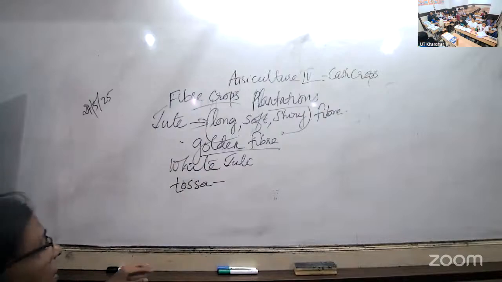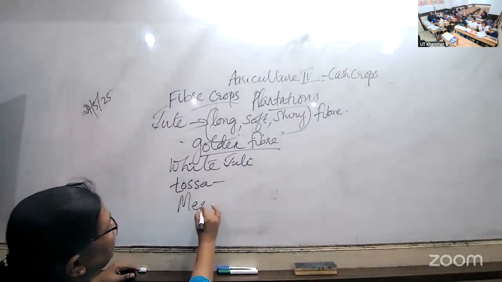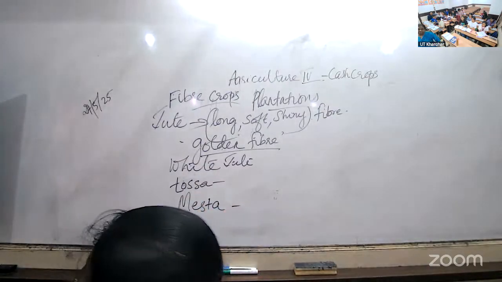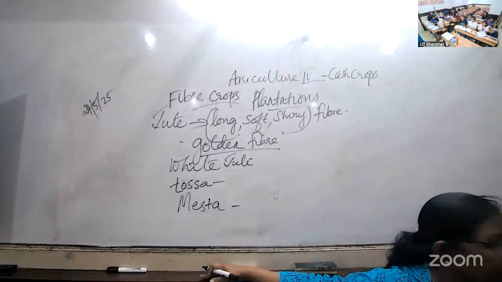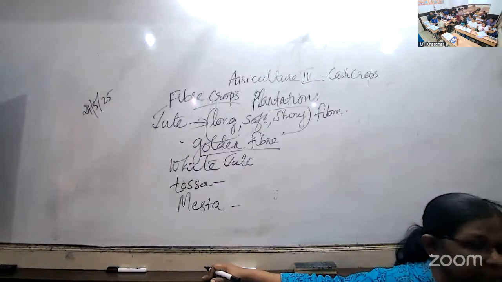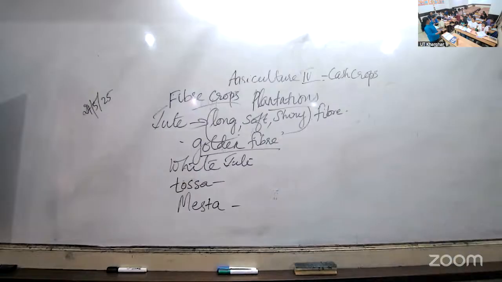Then, what is the other variety? Mesta. Mesta is the other variety. I'll tell you the beginning of the introduction of this one. When India was partitioned, East Pakistan, present day Bangladesh, which was the major jute producing area, went to another country.